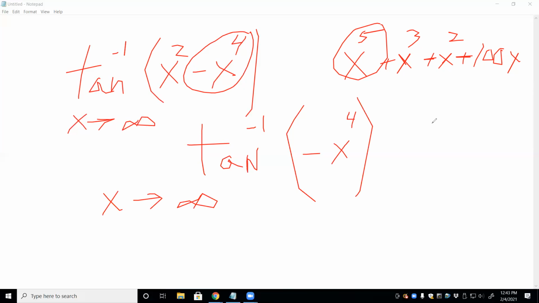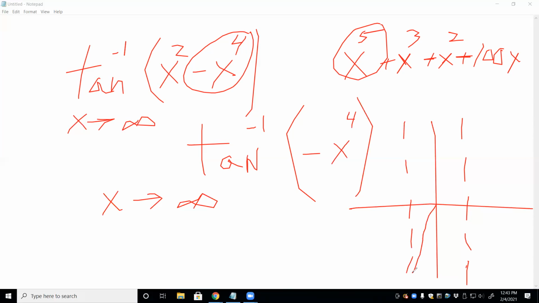Now, let's look at the tangent curve. Now we'll talk about the inverse tangent curve. This is the tangent curve, and it goes from minus pi over 2 to pi over 2.